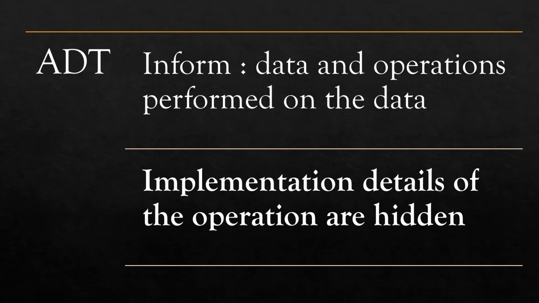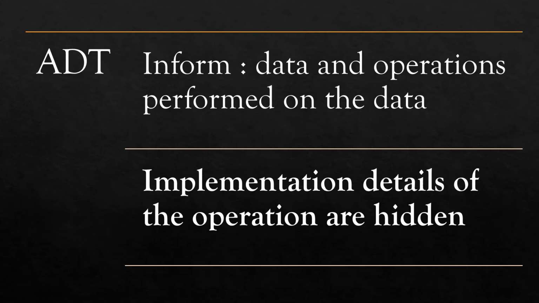This results in us learning a new terminology called the abstract data type, in which the data and the operations that are performed on the data are informed, but the implementation details of how the operations are performed are hidden.